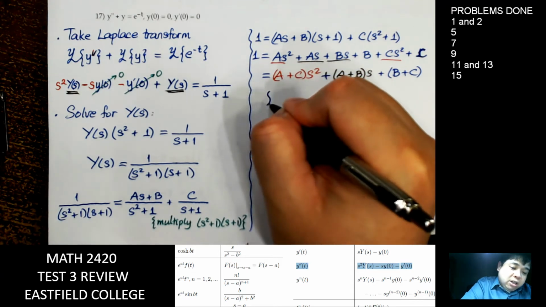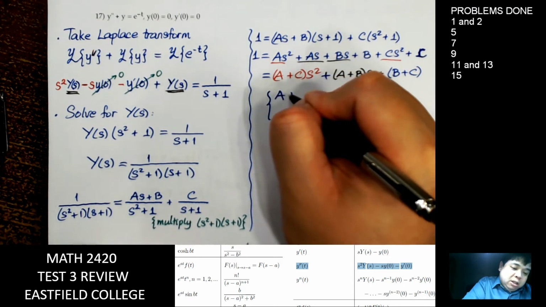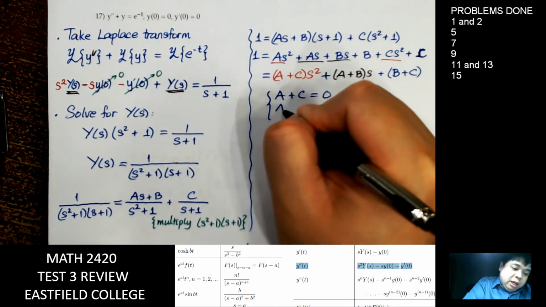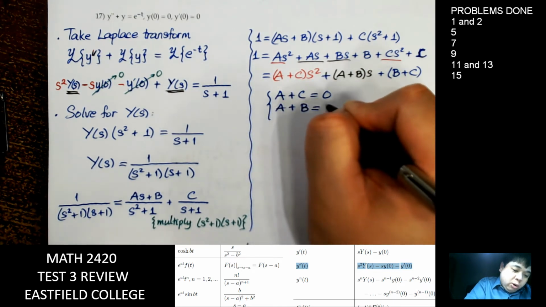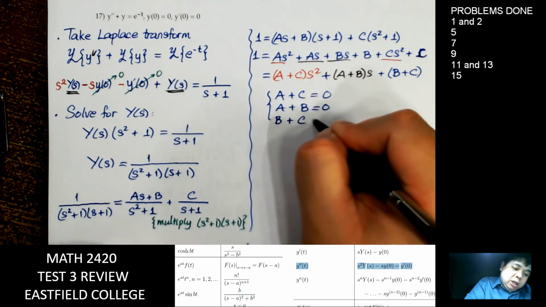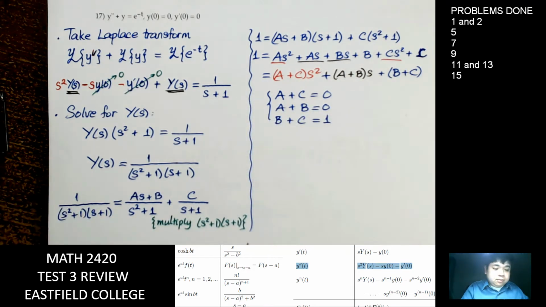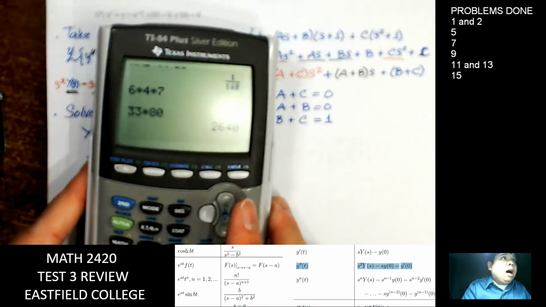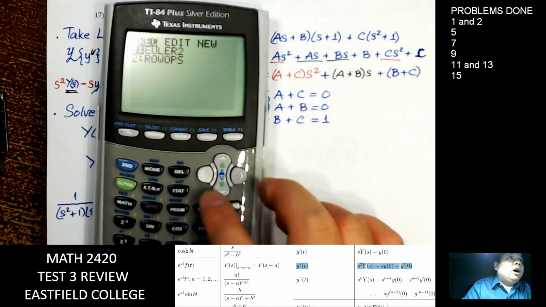So we will have the system of equations: a plus c is equal to 0, a plus b is equal to 0 as well, and b plus c is equal to 1. I'm using the calculator on this one.